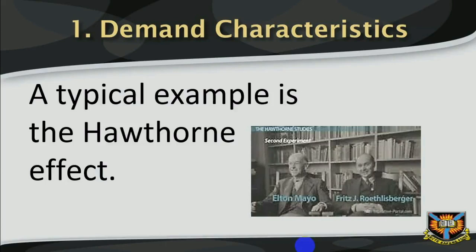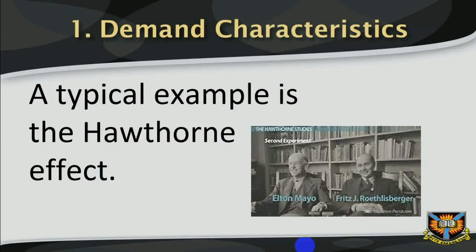A well-known example of a demand characteristic is the Hawthorne effect, named after the Western Electric Company plant, where it was first observed. The company was interested in improving workers' morale and productivity. Thus, it conducted several experiments, such as improving lighting, to better the workers' environment.